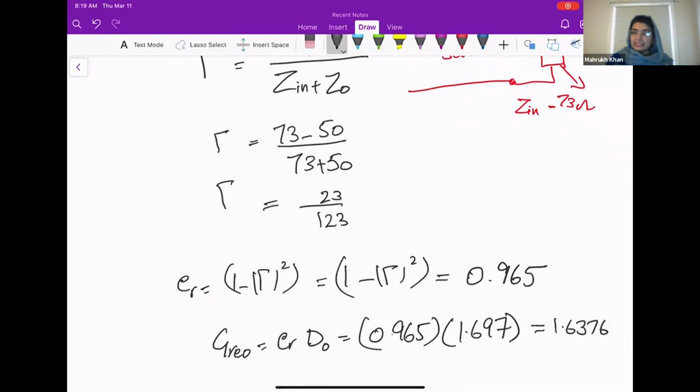So if you deal in dBs, you will add them. But if you are dealing with the linear quantity, you will multiply them. And you can then convert the whole quantity into dBs later. Are we clear about this?